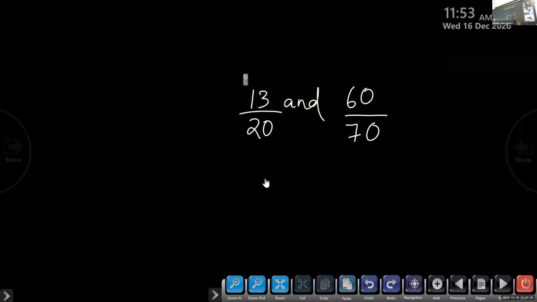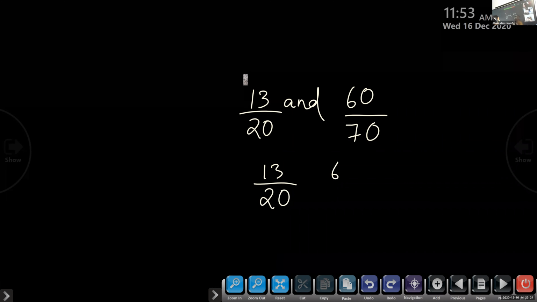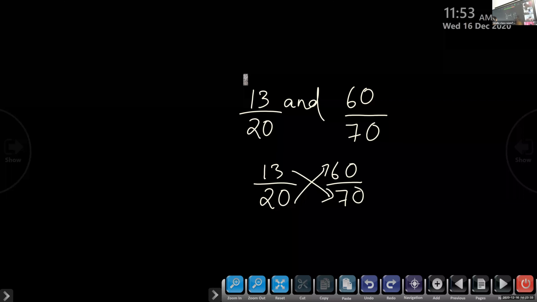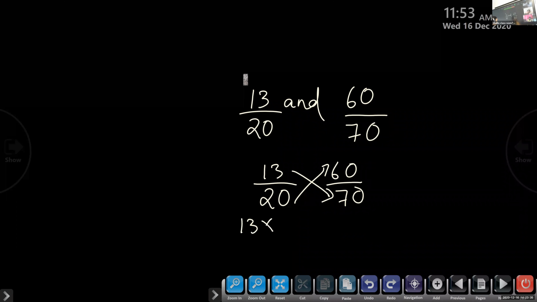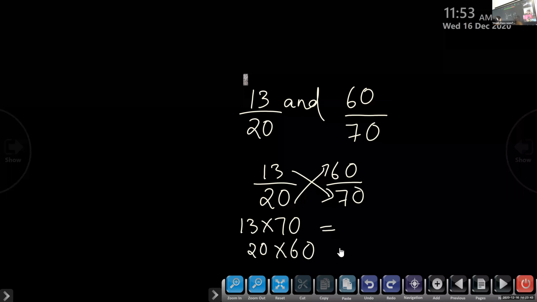So children, we will do 13 by 20 and 60 by 70. So 13 into 70. Find out 20 times 60.